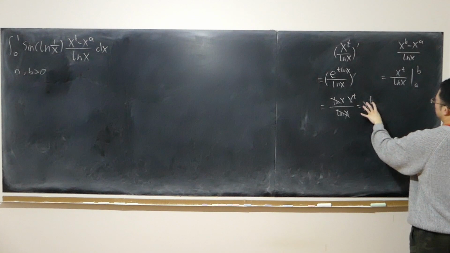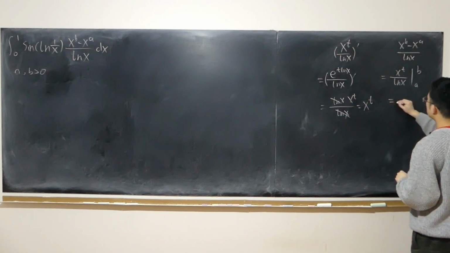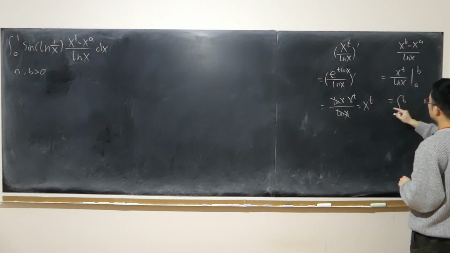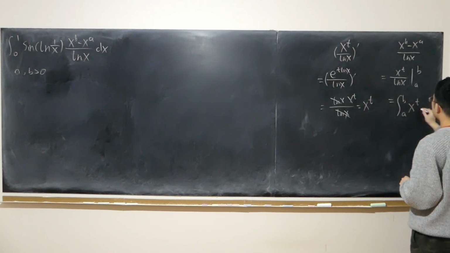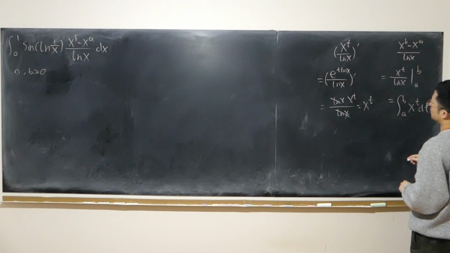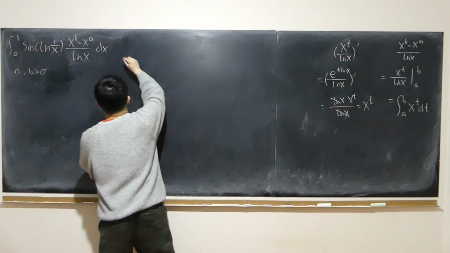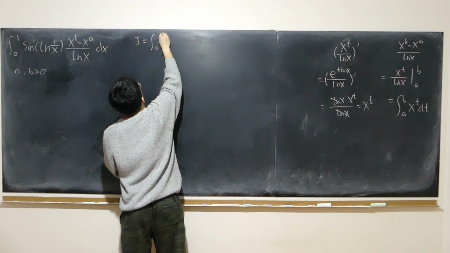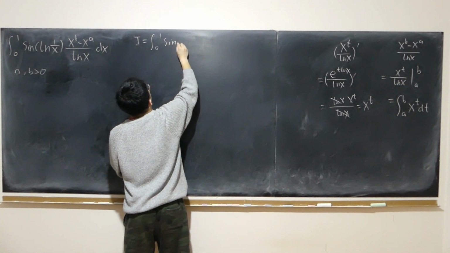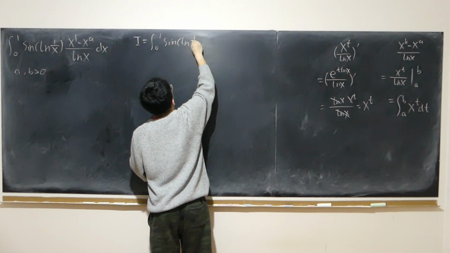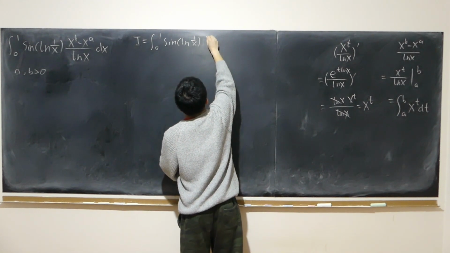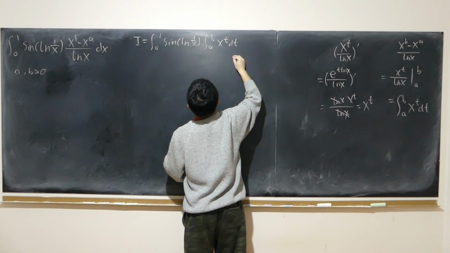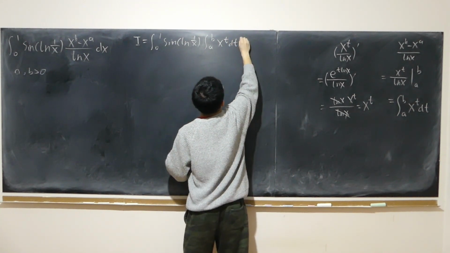So this is really the integrand, from a to b, x^t dt. So this integral can be written as the integral from 0 to 1 of sine of log of 1 over x, times the integral from a to b of x^t dt, this part, then dx.